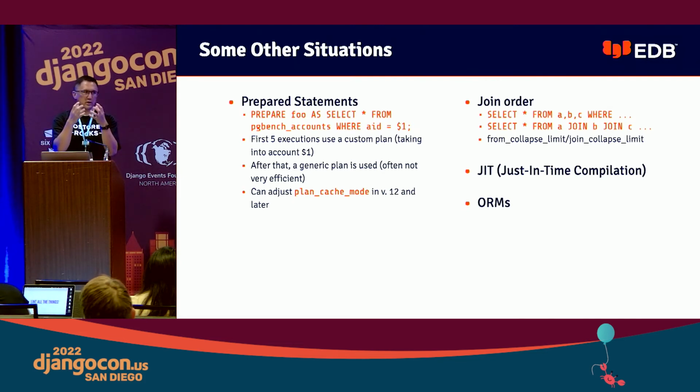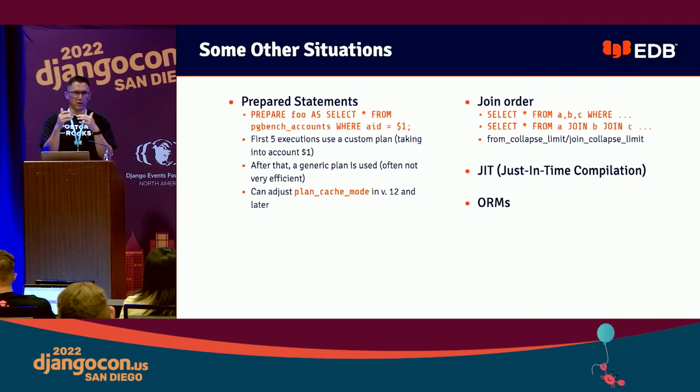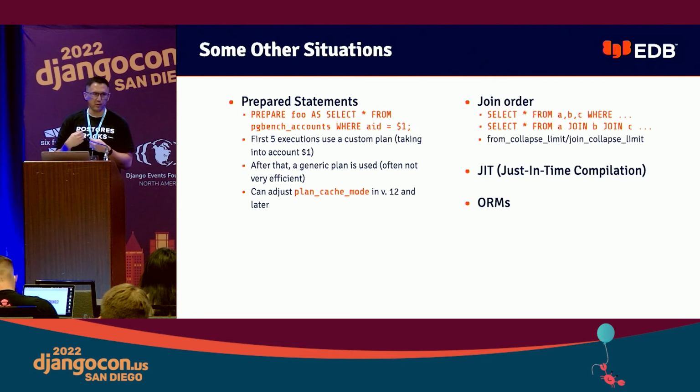The query planner creates a query plan for that execute call. Now, after you call execute 4 or 5 times, it starts using a generic plan because it doesn't want to spend the time to create a new plan for you, because that's just extra processing.